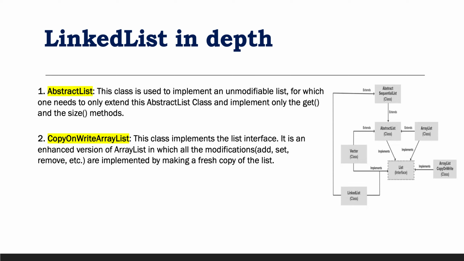The next class that is internally implemented by the linked list also is CopyOnWriteArrayList. Similar to the array list we have seen, CopyOnWrite means this class implements the list interface internally. It is the enhanced version of the array list in which all the modifications like addition, updation, removal, etc. are implemented by making a fresh copy of the list. This is useful in the case of multi-threading. Let's say multiple threads are trying to access the element or perform an operation.